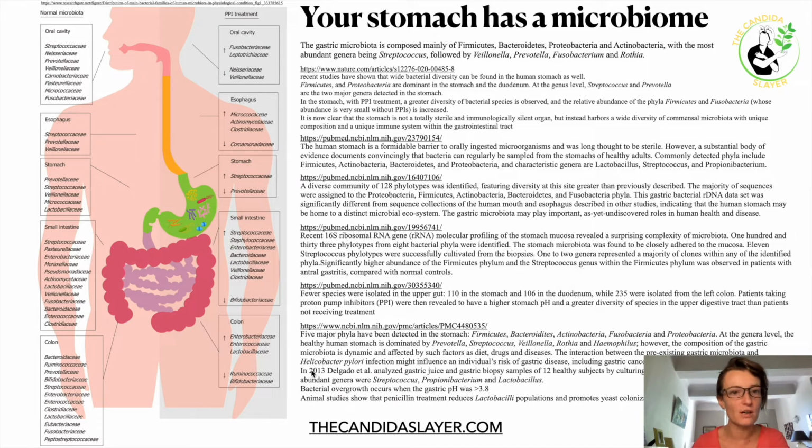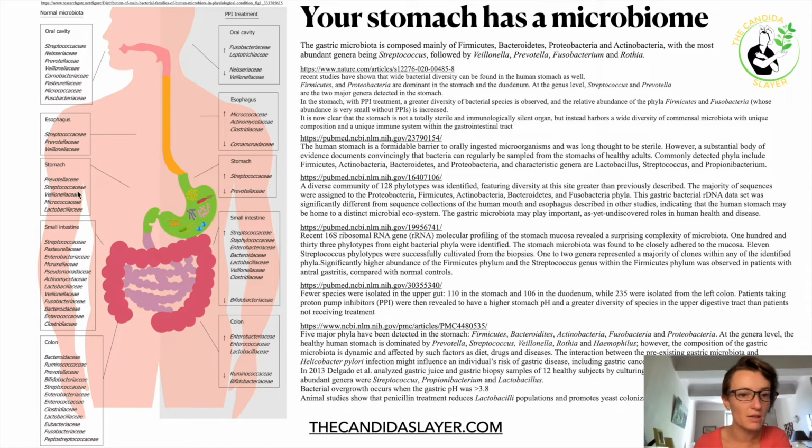So this picture here, I took it from a study. You can see the link here, researchgate.net. Again, the links of all of the studies will be under this video in the description box. So on this picture, you can see the microbiome that you have in a healthy person in the mouth. Here the microbiome in the esophagus.